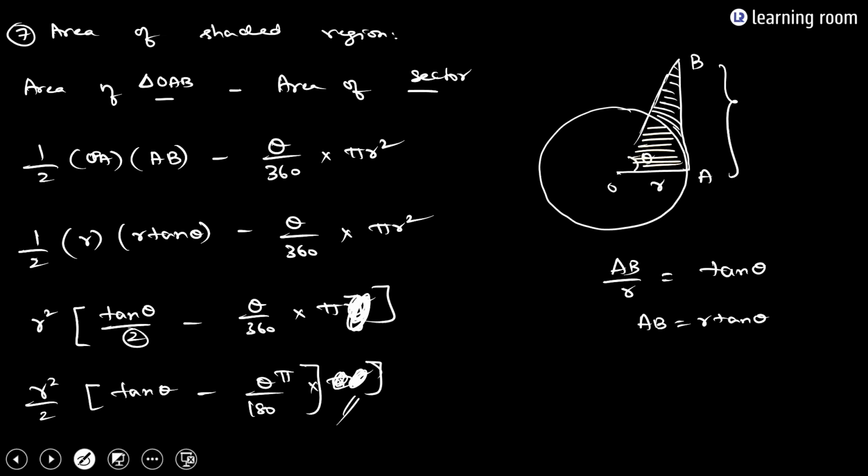The next one, so one last problem. In the given figure, there are two sectors of two concentric circles of radii 7 centimeter and 3.5 centimeter. Find the area of the shaded region.